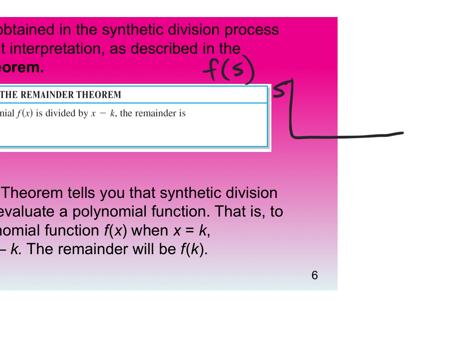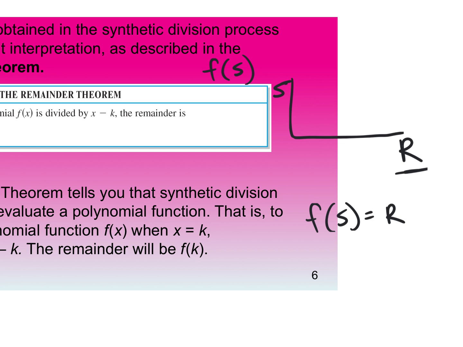Whatever my remainder is, so that last number, my remainder would be my answer. So if I were to evaluate f of 5, it would be what we get as a remainder. So if it says use the remainder theorem to evaluate, just the remainder is your answer.